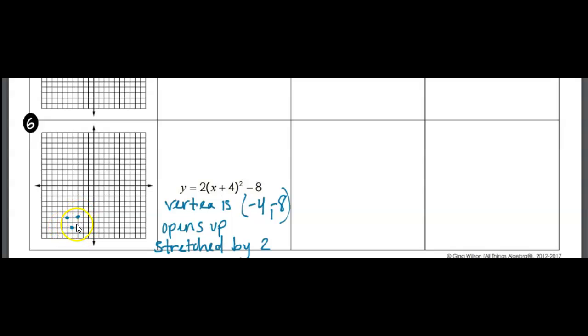We stretch the distance by 2, so instead of over 2 up 4, we actually do up 8, and then same on the other side. So we can get our graph that looks like that.